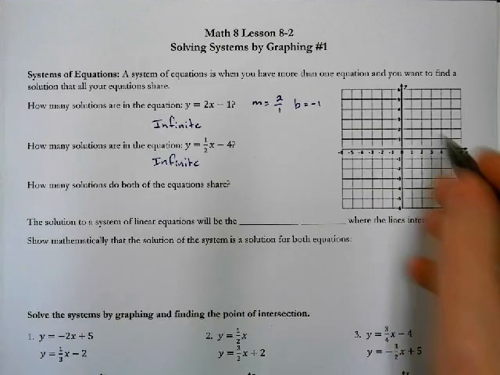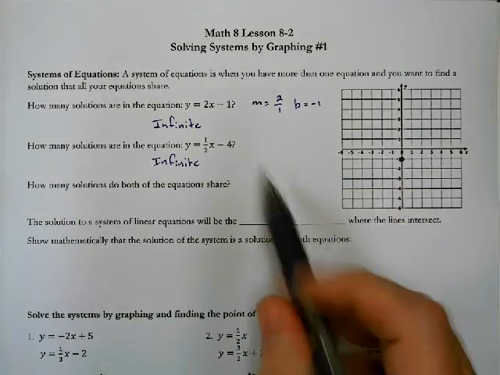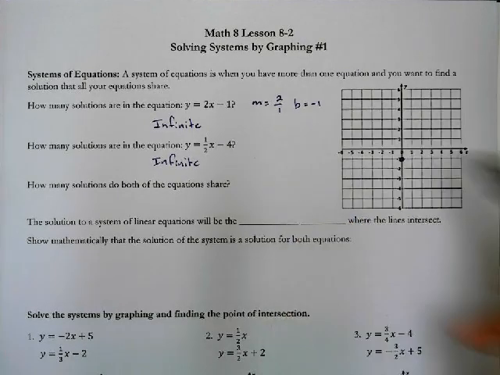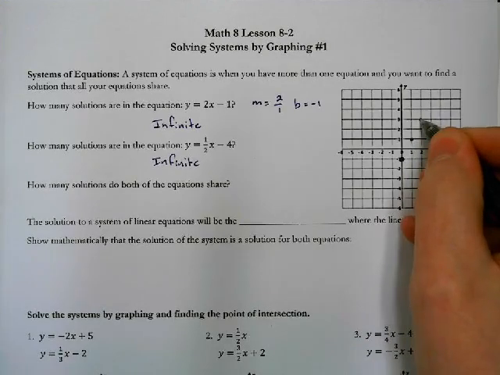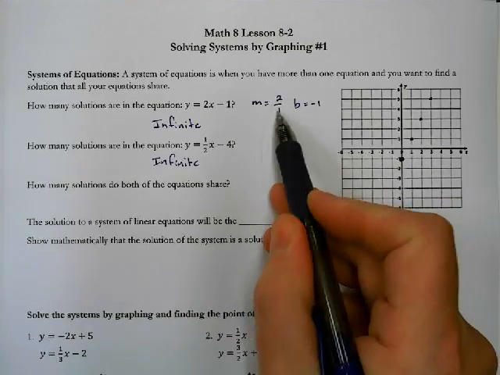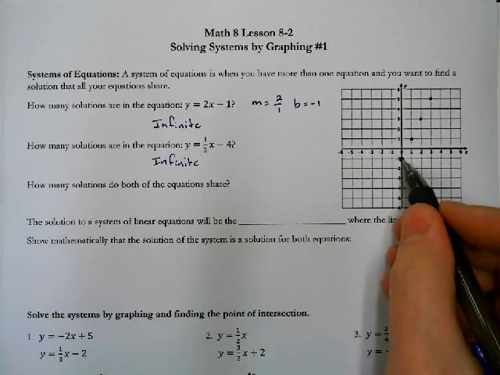All right, so negative 1, that's 0, negative 1 right here. The slope says go up 2 and right 1. So I'm going to go up 2, right 1, up 2, right 1, up 2, right 1. Now we can also make this negative 2 and negative 1, because if they're both negative, it's a positive.